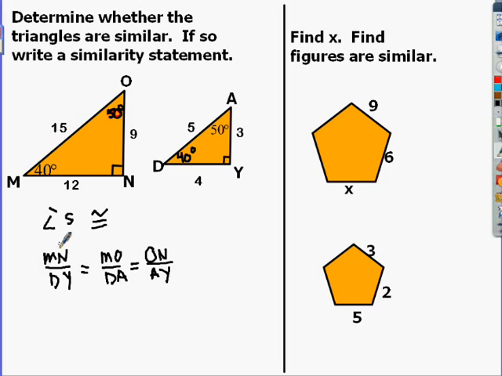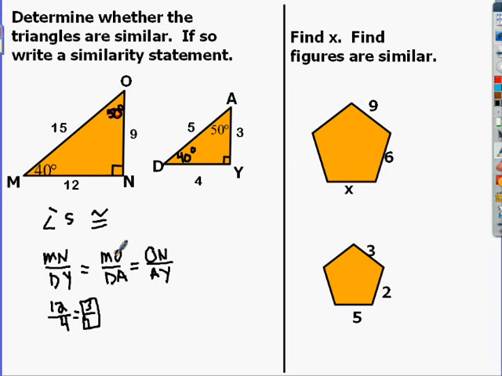So let's check the ratios of each of these corresponding sides. So MN, so 12 over 4. Well, what does that reduce to? 4 goes into both. 3 over 1. So I know that the similarity ratio there is 3 over 1.